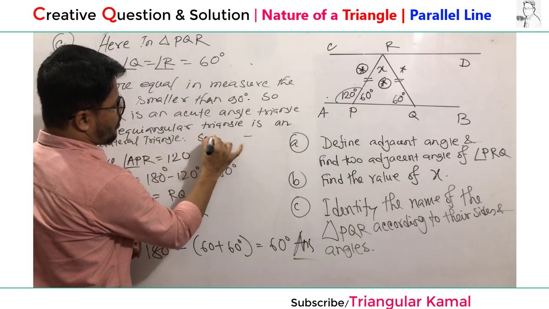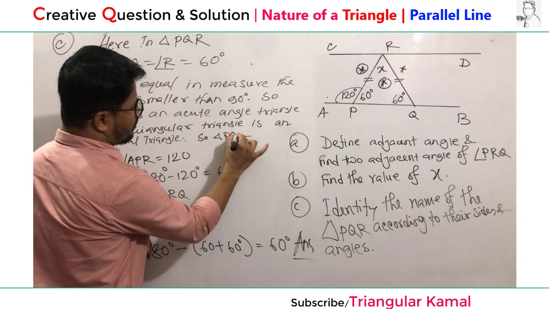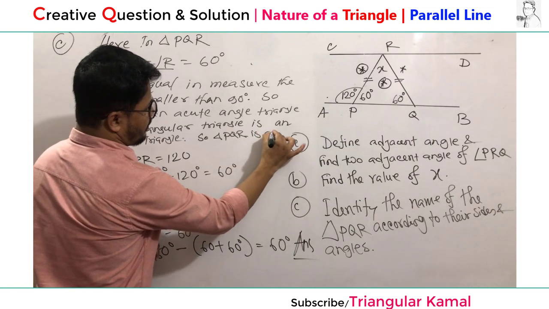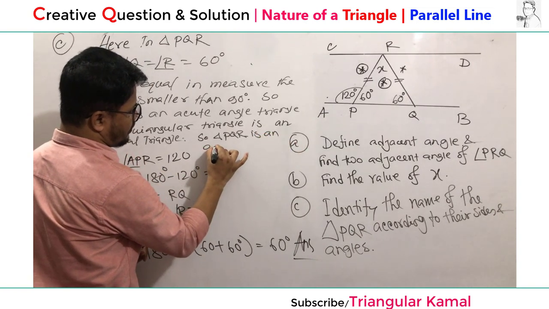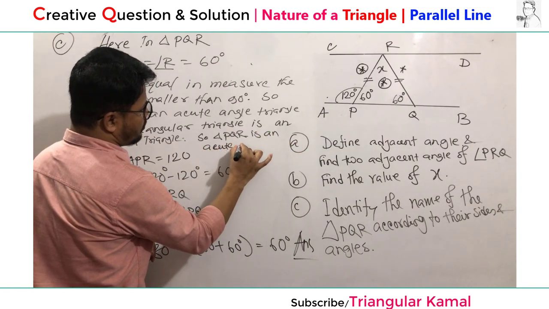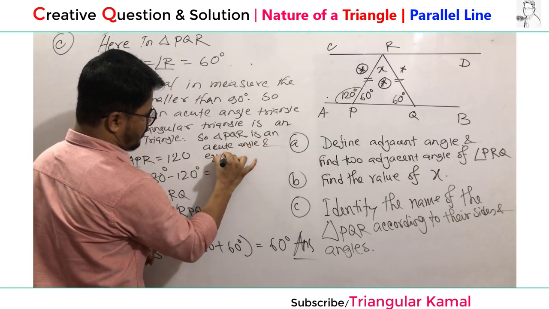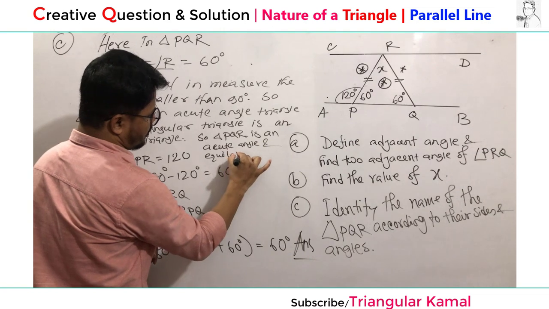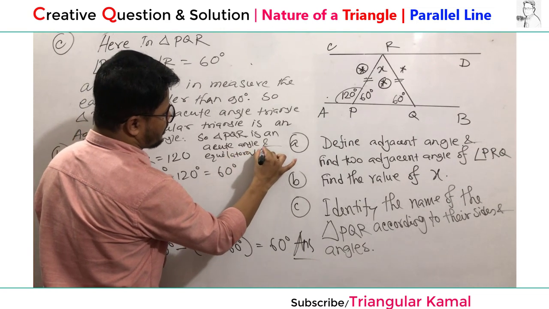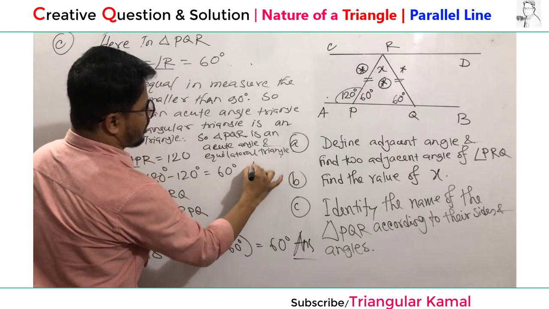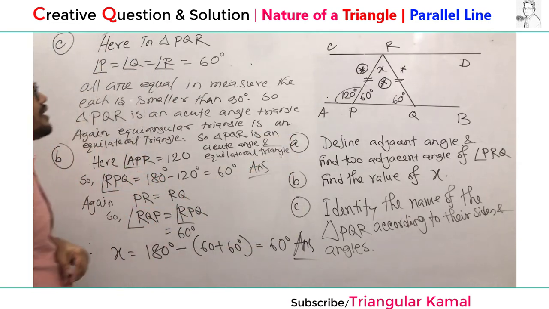So triangle PQR is an acute angle and equilateral triangle. This is our final answer, question number C.